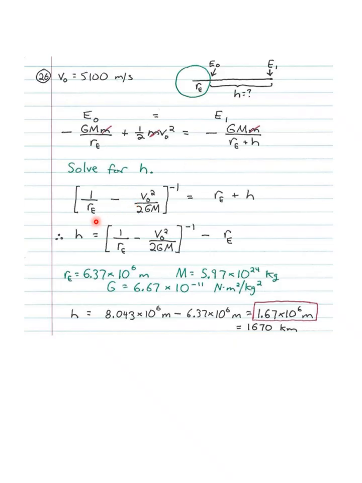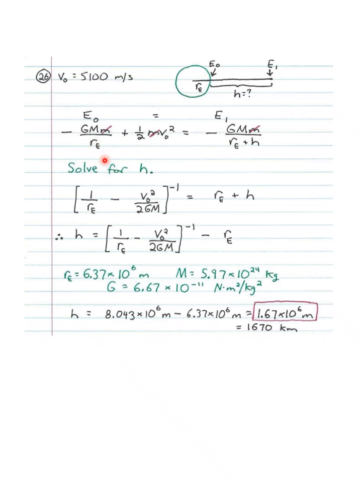And so what I've done is I've switched the order of these two terms. Then this 1/2 v naught squared, I just made that a fraction. I put the 2 down below. Now you don't have to do it this way, but this is the way I'm doing it to make it nice and concise. And then I divided everything by G big M.